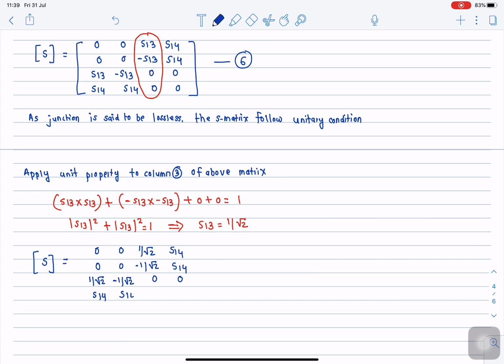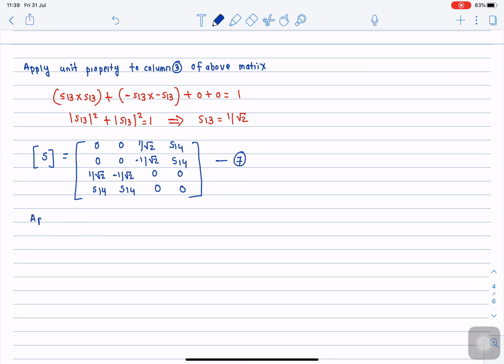Okay, so how to find that? Again, we apply the unit property now, not the zero property. We will apply the unit property to column number 4 of the above matrix, which is given by equation number 7.